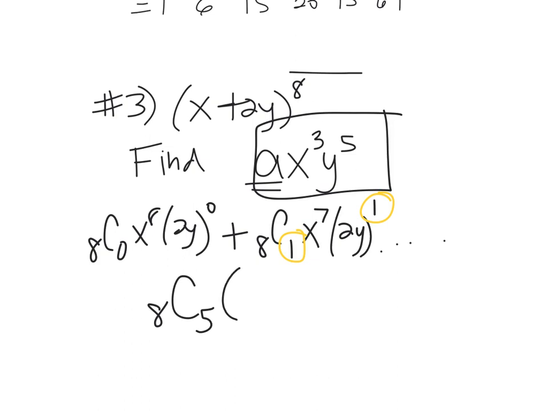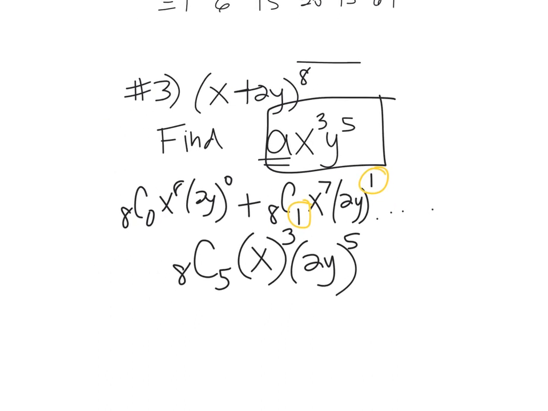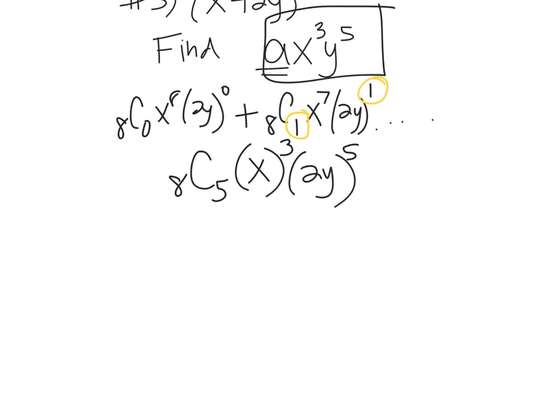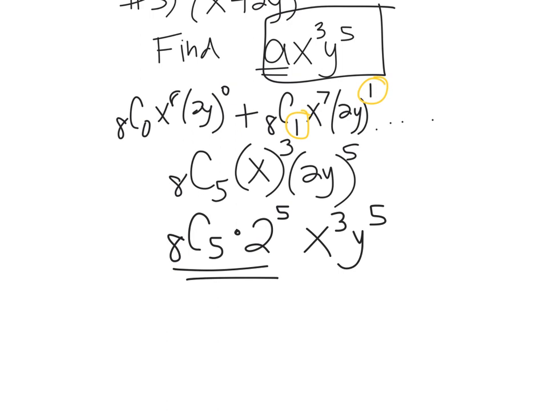Then my x term will be to the third power, and my y term, which is actually 2y, is going to be to the 5th. So I need to figure out what 8C5 is, multiply that times 2 to the 5th, and the rest of it is x cubed y to the 5th. That's what they're asking me for.